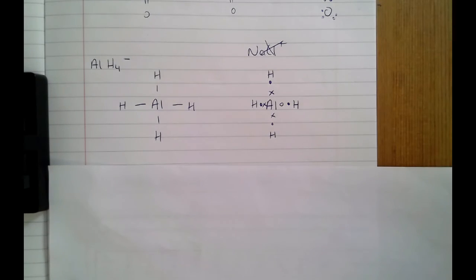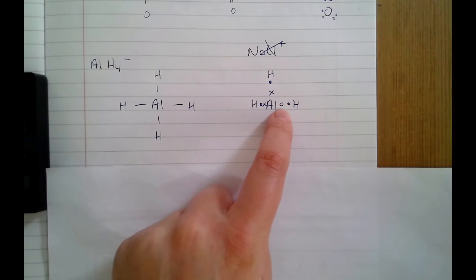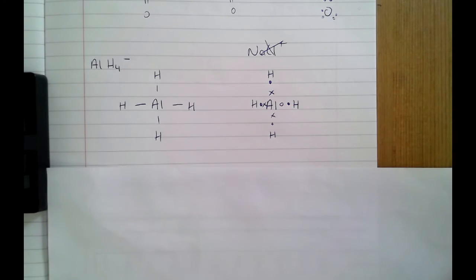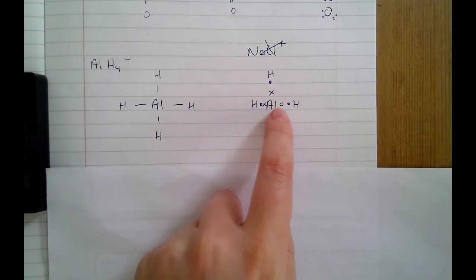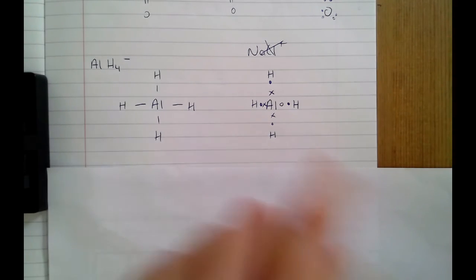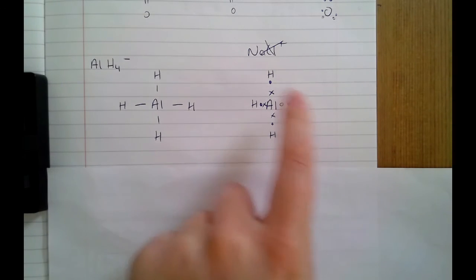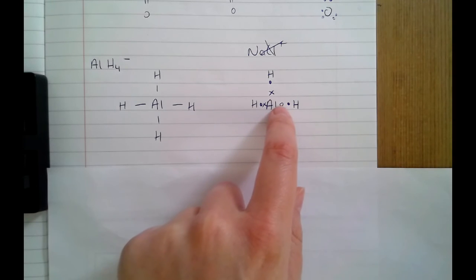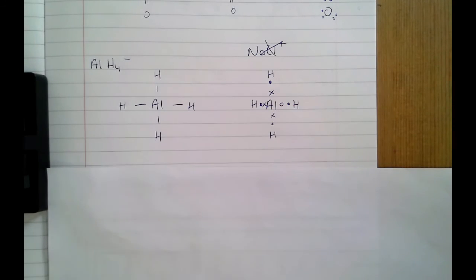So what this kind of looks like is that aluminium has gained an electron and it has then used this electron to form a 4th covalent bond with another hydrogen. Okay. Conversely, the other option is hydrogen gained an electron and it used its 2 electrons to form a covalent bond with aluminium. Okay, but either way, you've got 1 covalent bond that has the extra electron and then the normal electron.